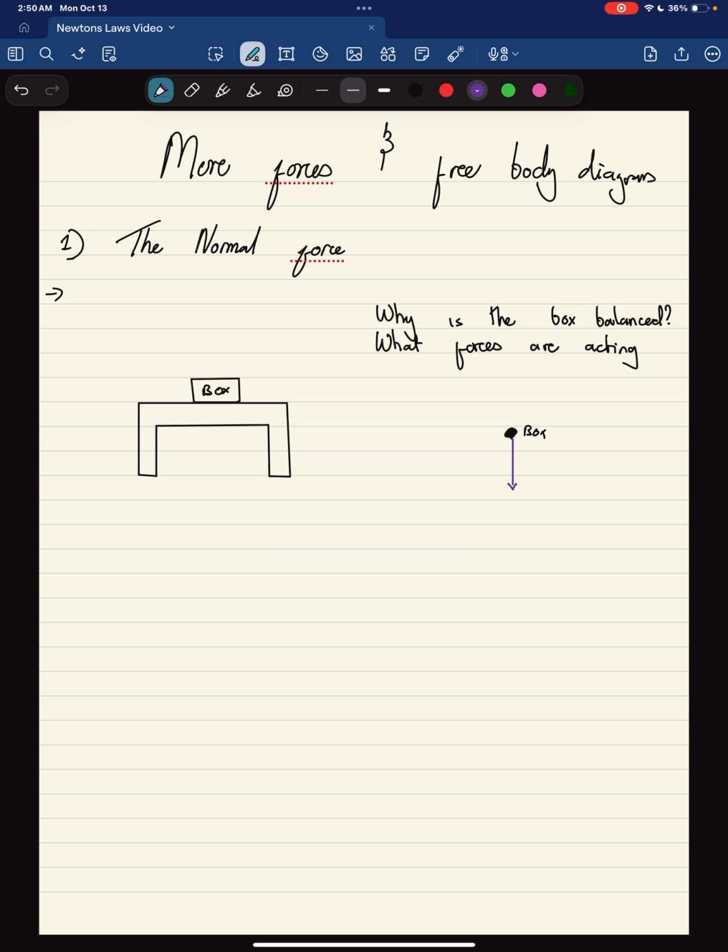Well, that's because when an object is on a surface, the surface will act on that same object with a force.